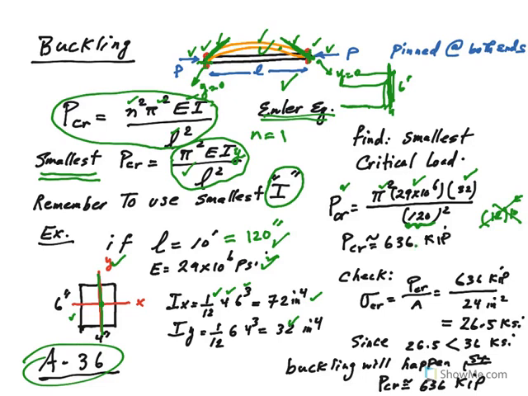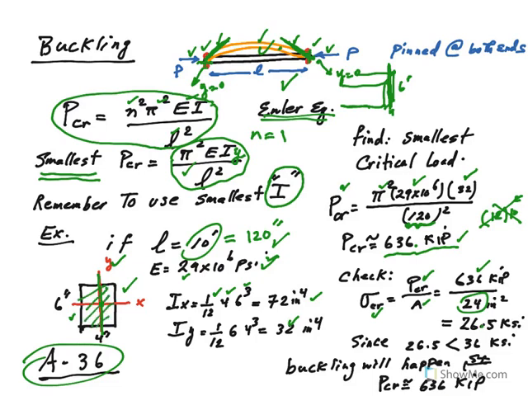So 636 kip. But this is the smallest load needed to buckle a beam with the given properties, with this cross section, this modulus of elasticity and this length. But what if, before the bar buckled, it would be yielding? Let's find the stress developed. Take the critical load and divide it by the area. The area is 6 by 4, that's 24 inches squared.